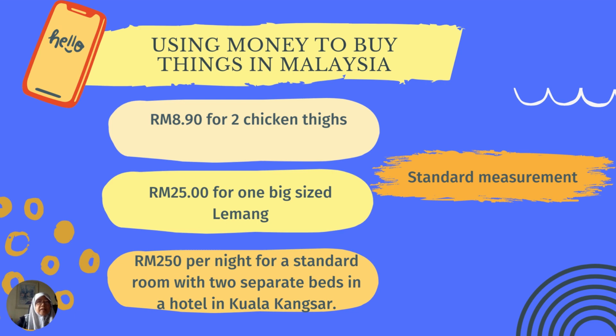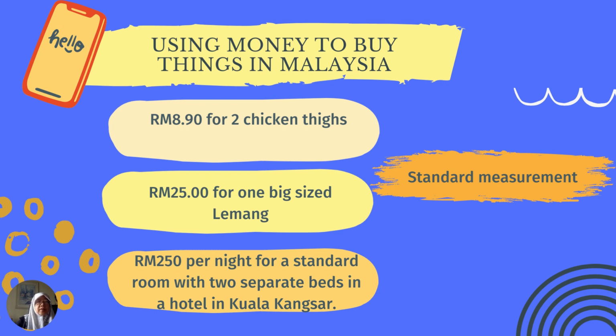Okay, and the third example is RM250 per night for a standard room with 2 separate beds in a hotel in Kuala Kangsar. And that is also real, because that's what me and my co-presenters needed to pay in Kuala Kangsar.